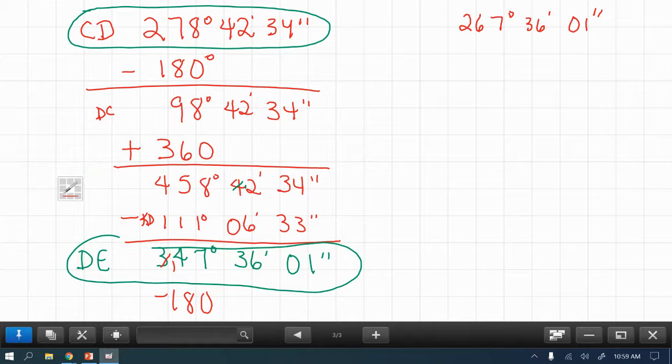Okay, did I do that right? It's 167. Yeah, 167, because that would be a 2. So that's your back azimuth from E to D.